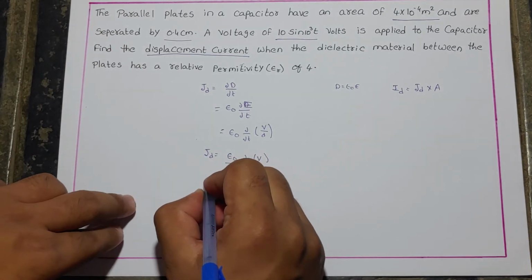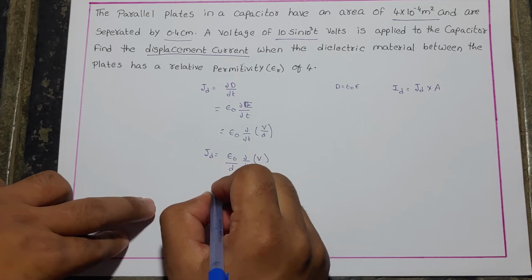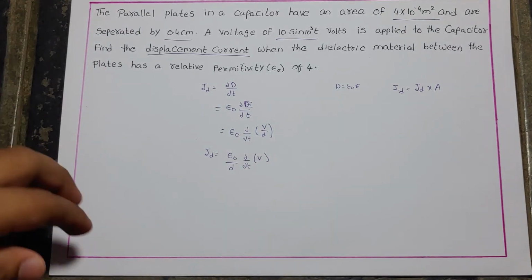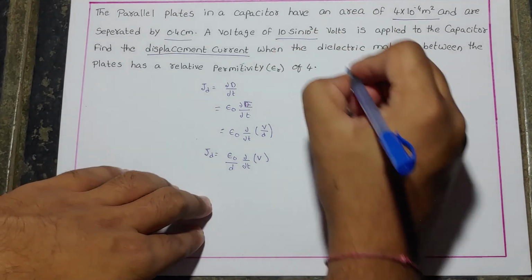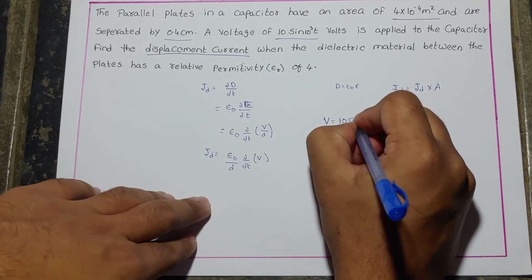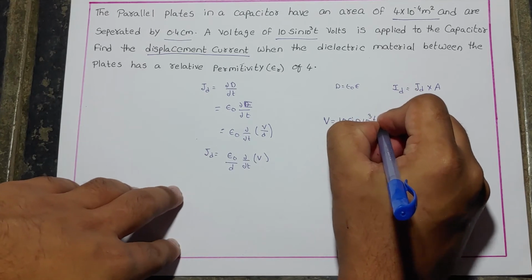Here it is given that voltage is equal to 10 sine 10 cube t.